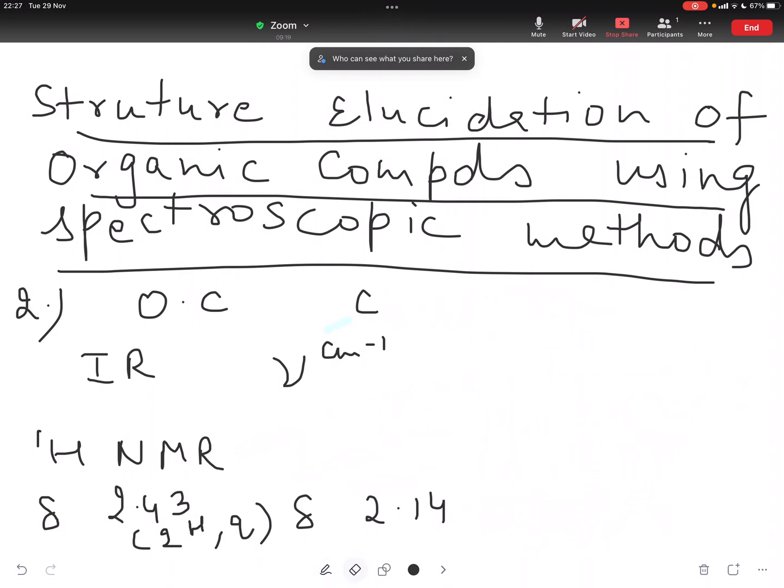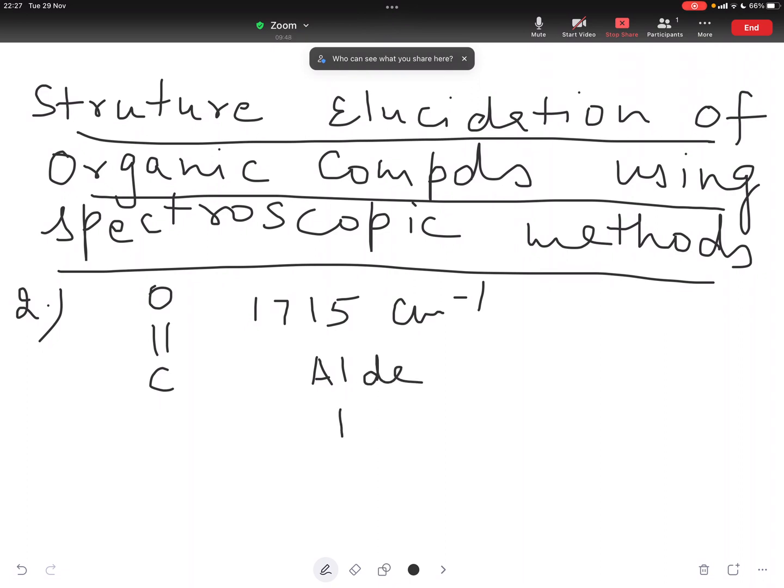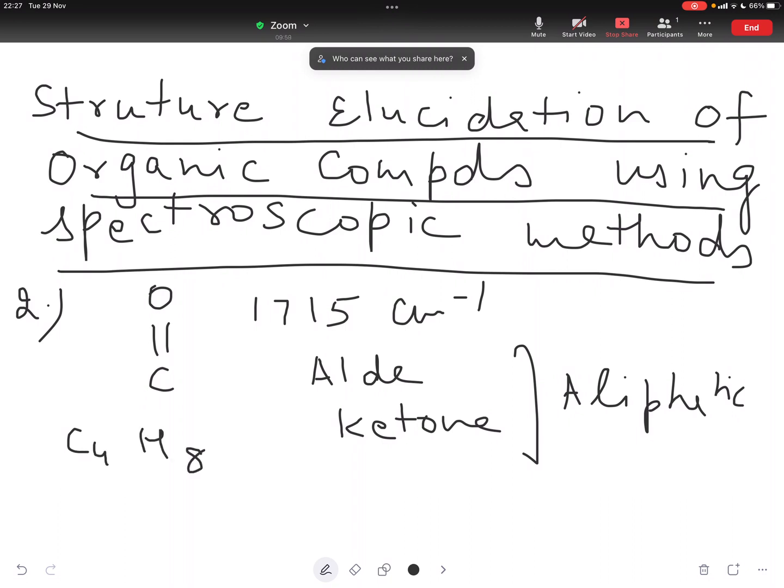So the first information is given by the IR band at 1715 centimeter inverse, that it is a carbonyl, and it is aliphatic because the molecular formula is C4H8O.